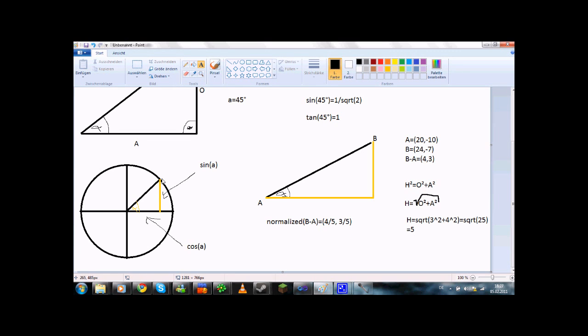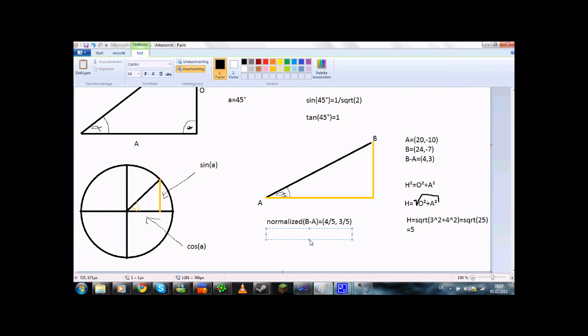And let's say I want to move at a speed of a 10th unit per frame. Then I would multiply that. I want to, at each frame, add the normalized vector b minus a, so I will just call it nba.